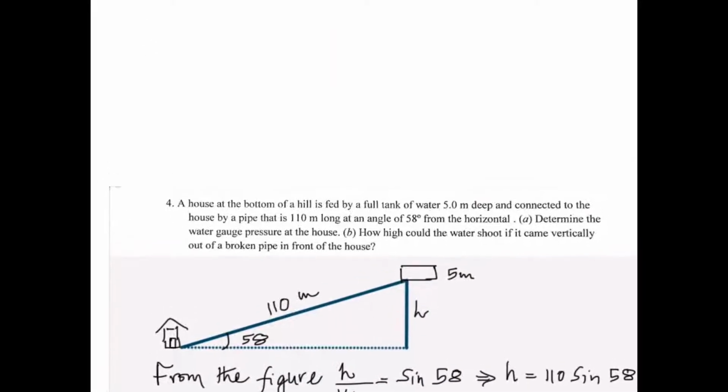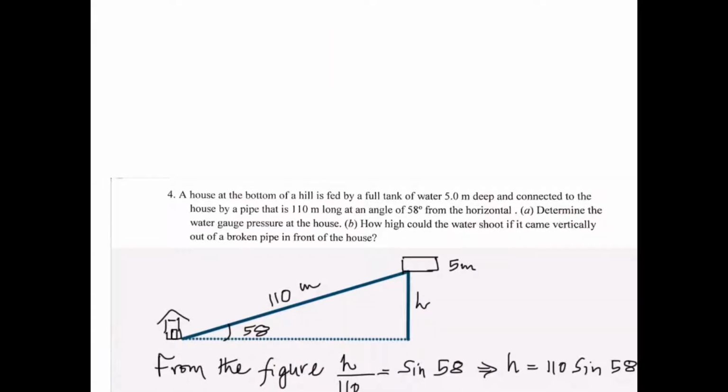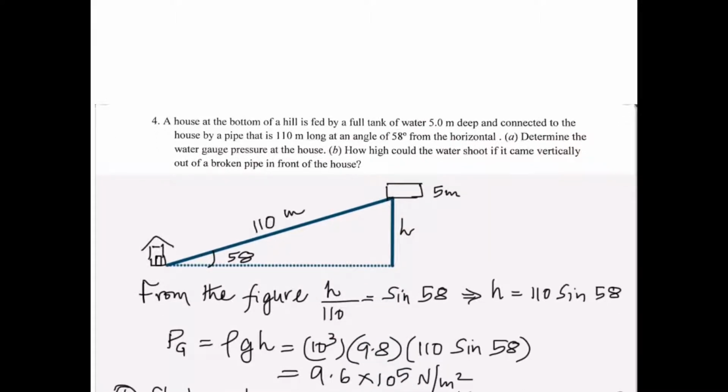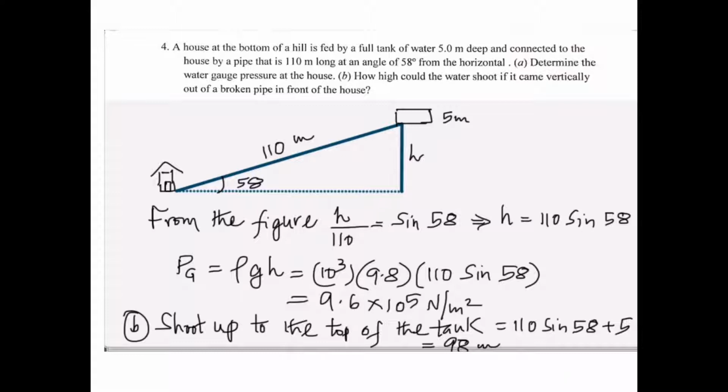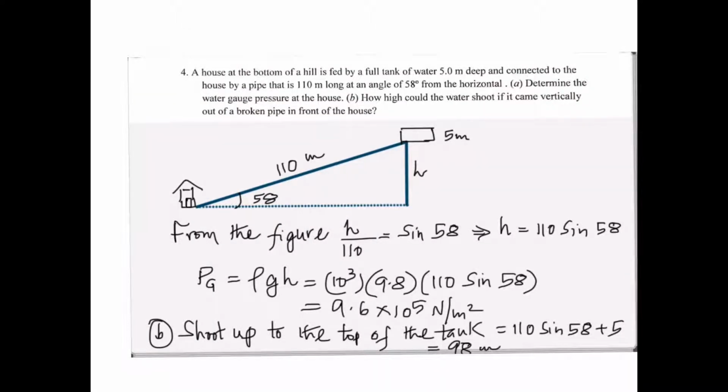Now, this could be a better diagram, as you see there. The house is here, and the pipeline is 110 meters. The angle is 58 degrees.